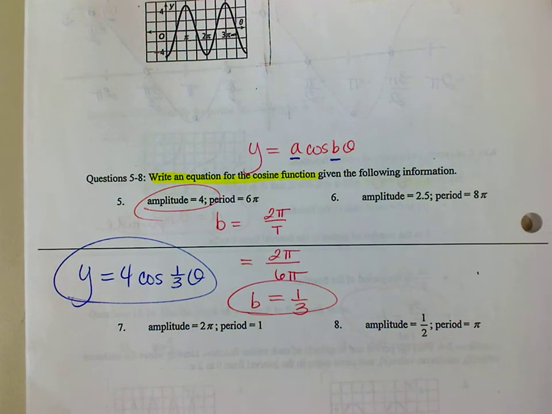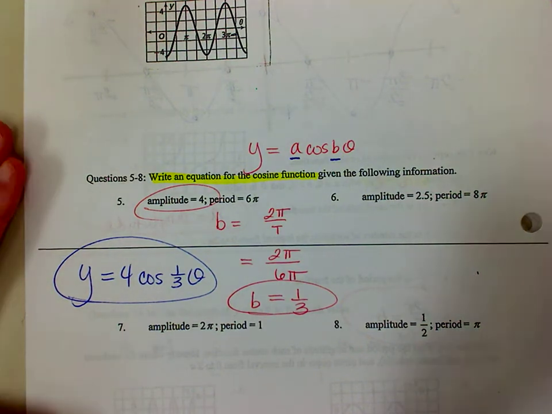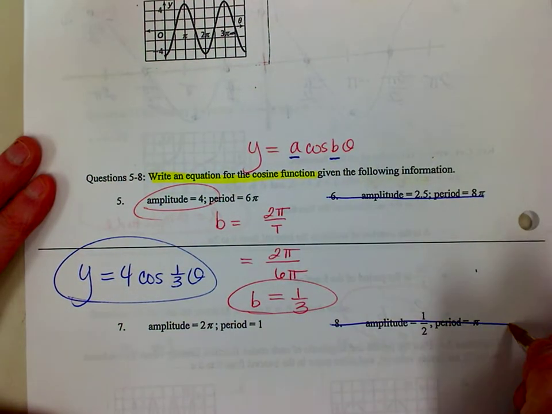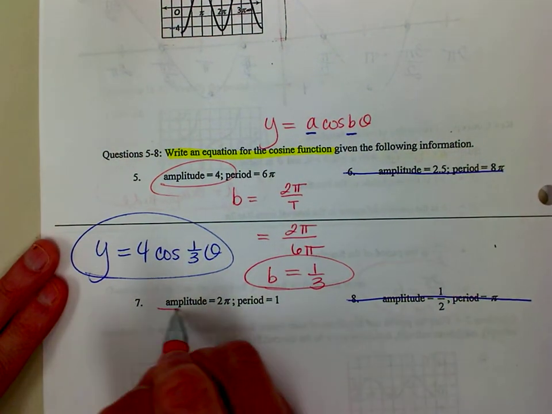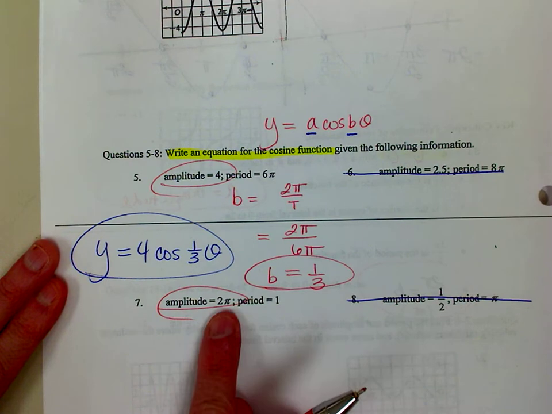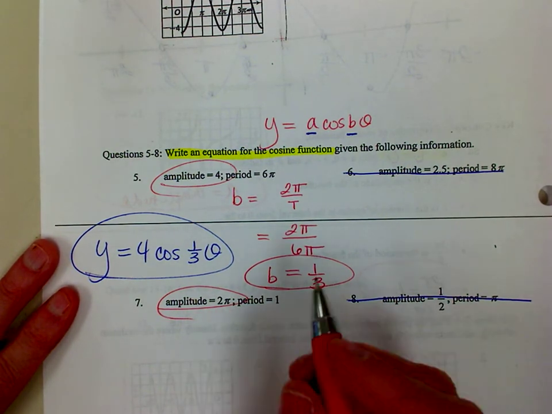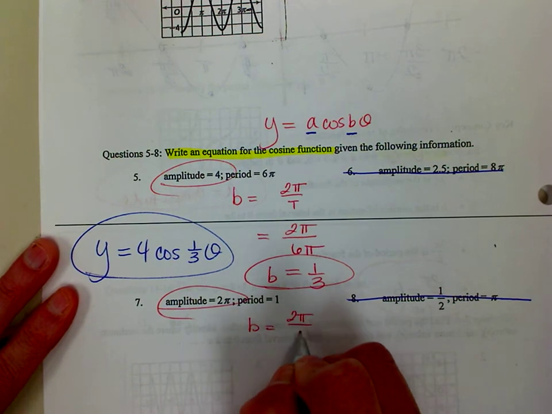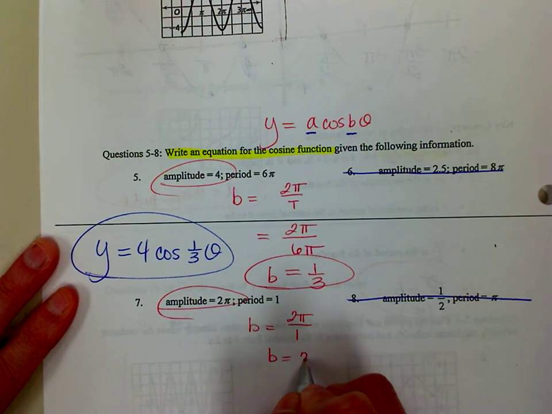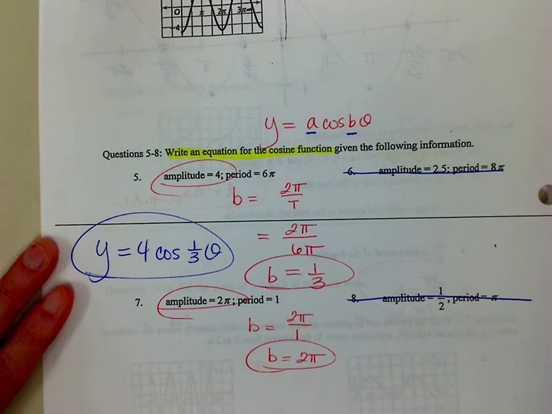All right, let's do one more of those. I'm going to cross off 6 and 8. Let's do number 7. So here's the amplitude. This time the amplitude has a pi in it. That's why I chose to do this one. The period is 1. So if I take 2 pi divided by the period, I just get 2 pi.